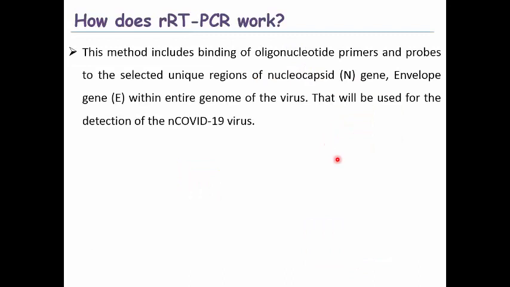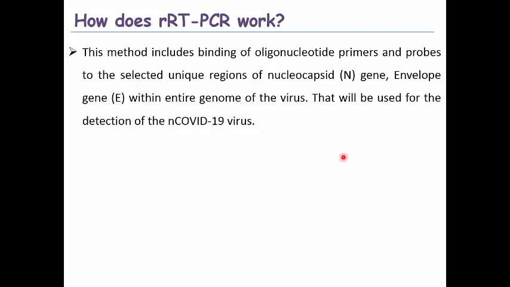Now we see how RRT-PCR works, or what the principle of RRT-PCR is. Whenever a new virus has been identified, the first and foremost thing for researchers is to identify the genome of that particular virus, the gene sequence of that virus. Once it has been identified, the research company will form the primers and probes to a particular portion of that gene.